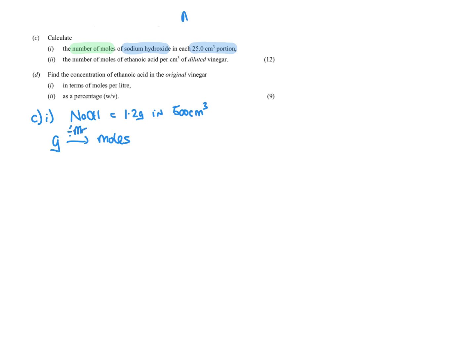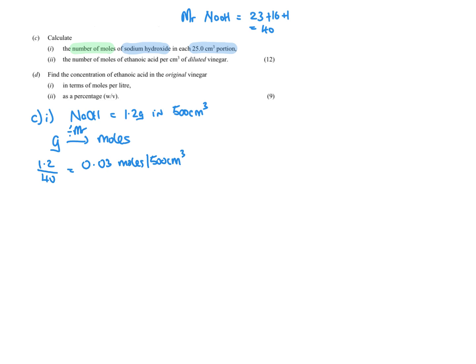So the molecular mass of NaOH is equal to 23 for your sodium, 16 for your oxygen, and 1 for your hydrogen. So that is 40. So we can take our 1.2 grams, divide that by 40, and that will give us 0.03 moles per 500 centimetres cubed.